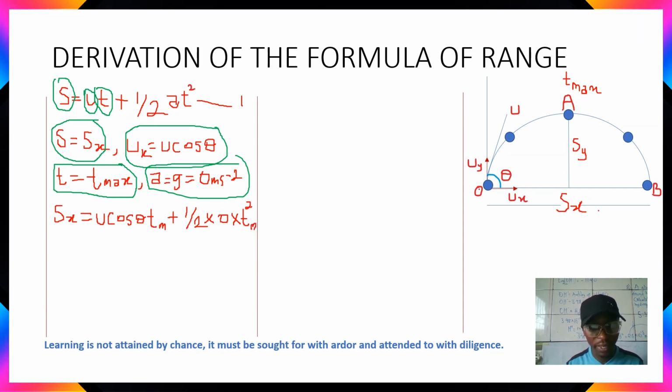Then also again, we are trying to get an expression for range, and convince yourself that this Sx, which is actually the distance covered by the projectile along the horizontal component, is the same thing as the range, because we defined in the previous slide that range is the horizontal distance covered by the projectile from the point of projection to the point where the projectile is at the same level of projection.